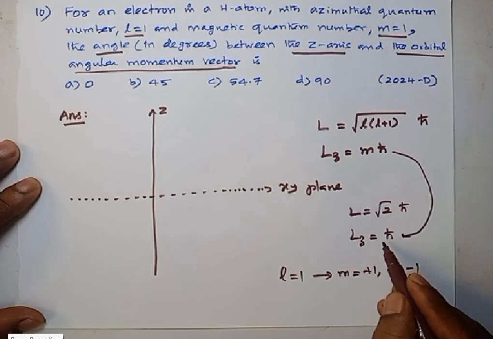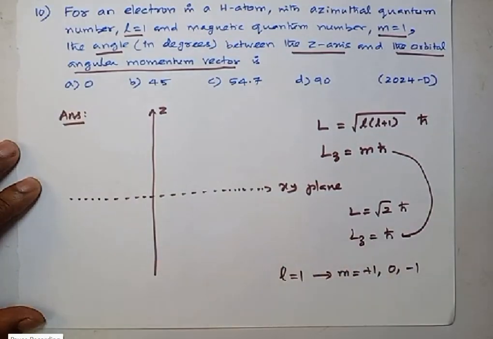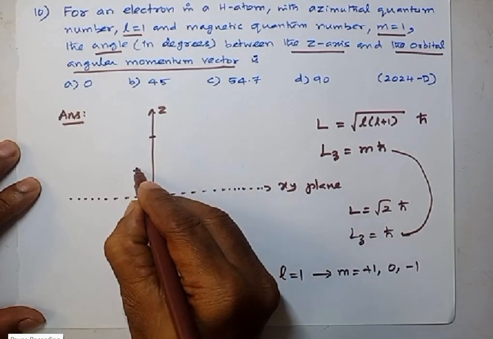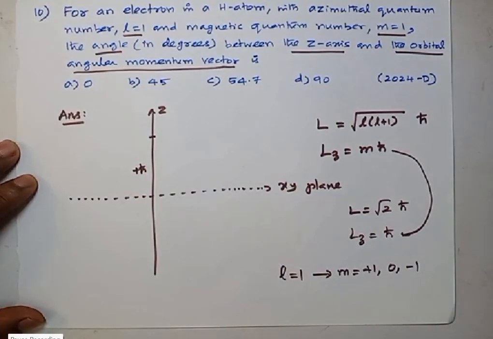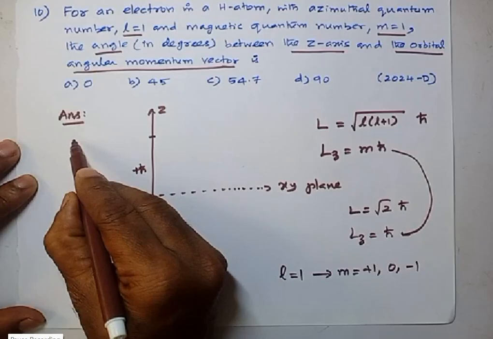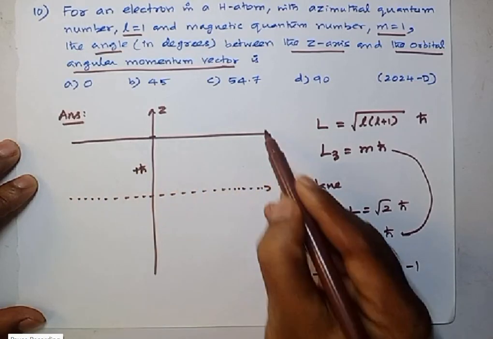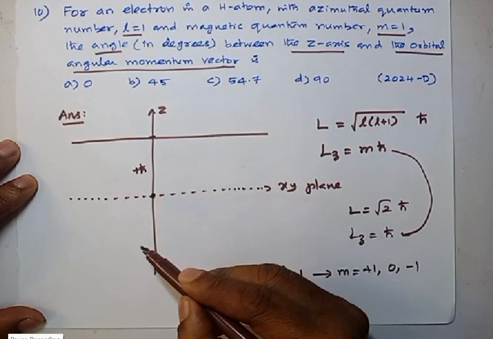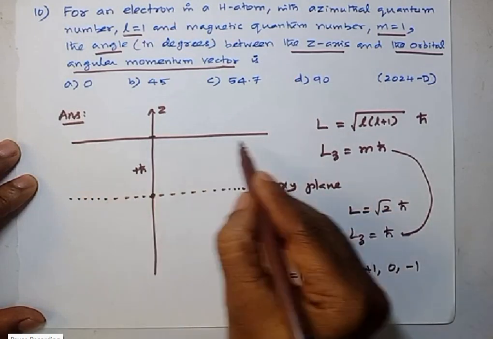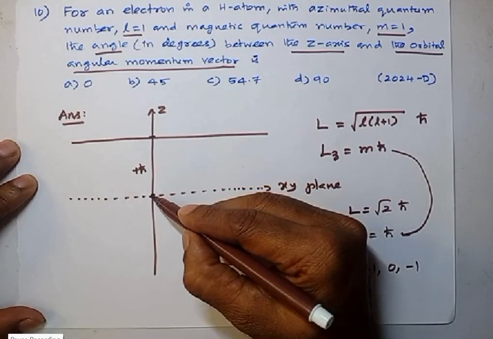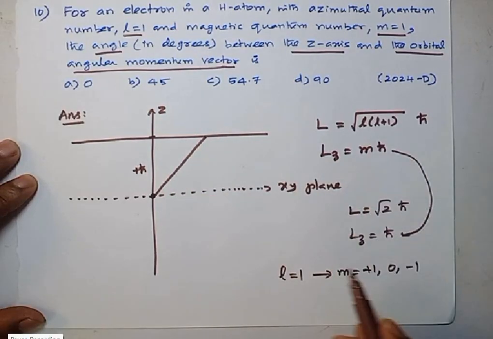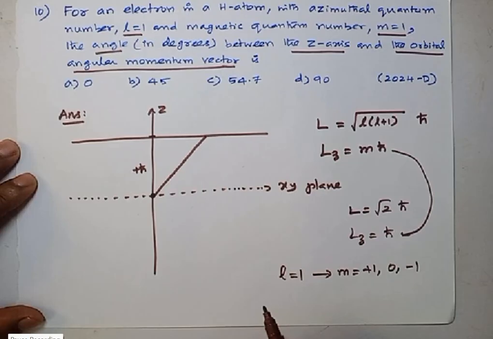So on the z-axis, let us take some distance, say this distance is plus h cross. This is m equal to plus 1 h cross. Then I'll draw a line here. From the origin, you draw a line to this line such that the length is root 2 into h cross.